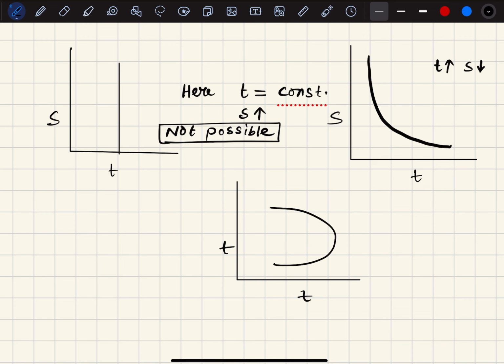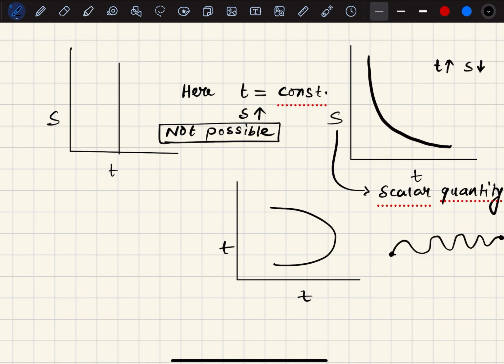But remember, in case of distance, it is a scalar quantity. If the body is traveling whether towards you or away from you, the distance should not decrease. If it happens like this or it happens like this, you should calculate the total path and say the distance.